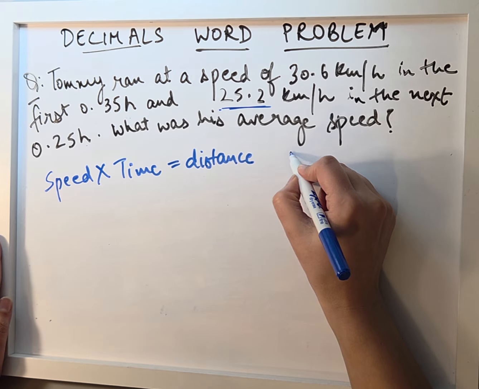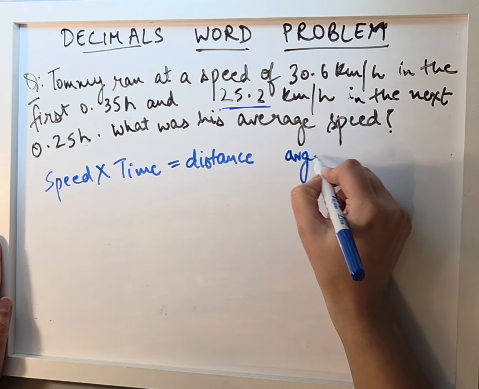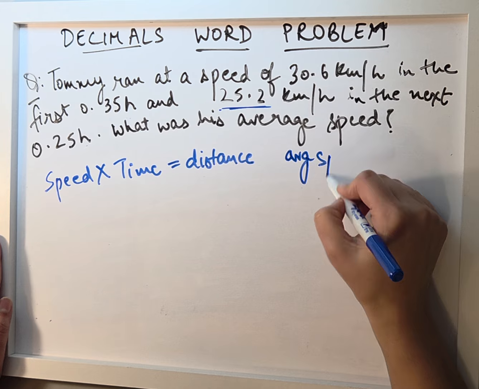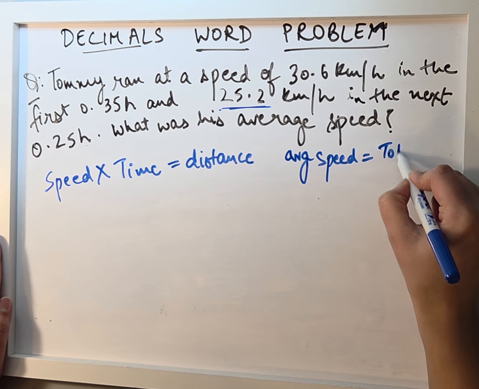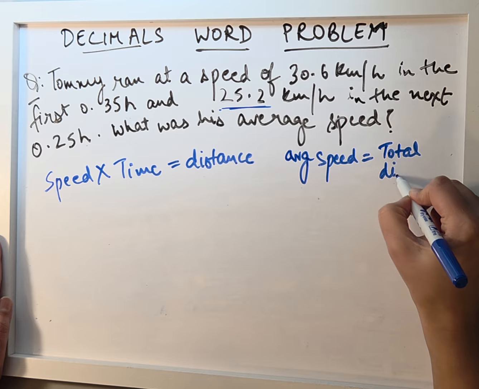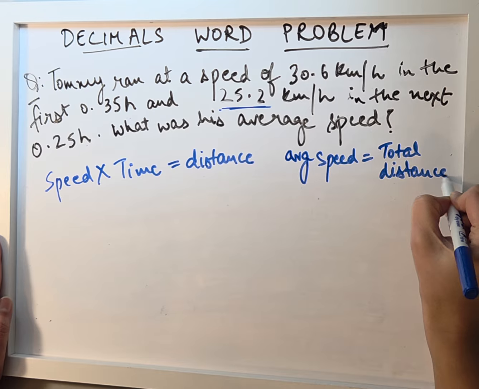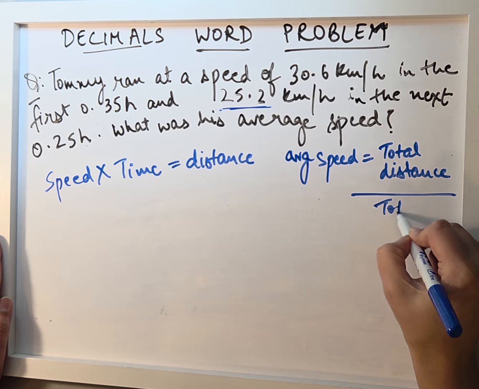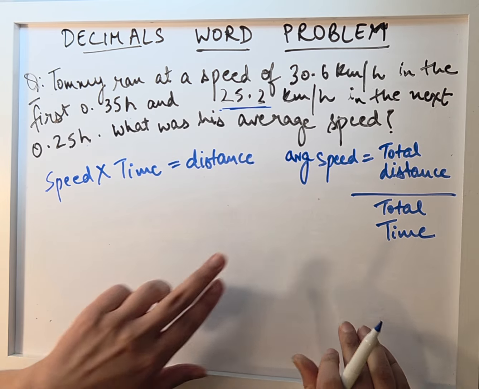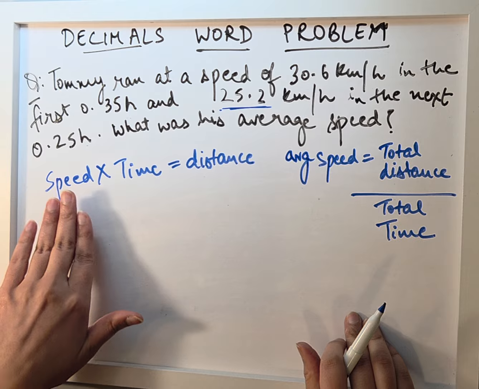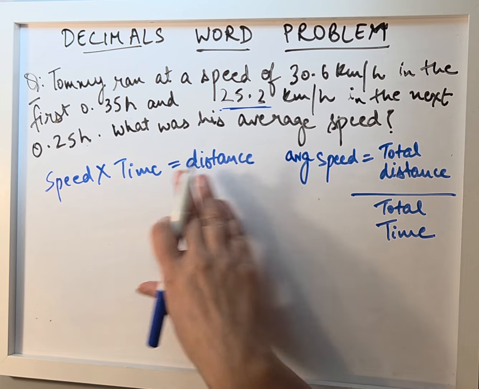Now for average speed, we will have total distance by total time. Speed is equal to distance divided by time.